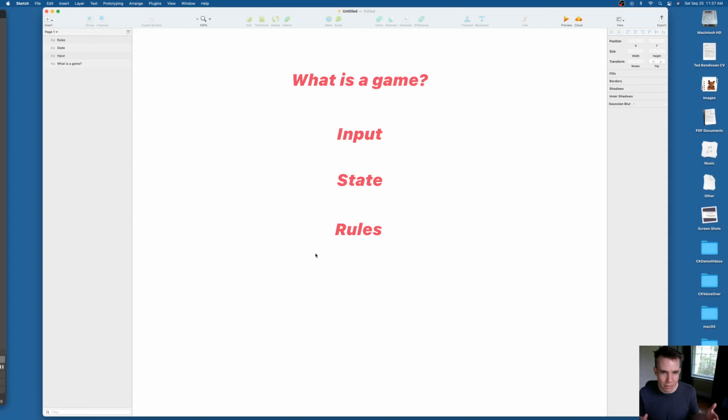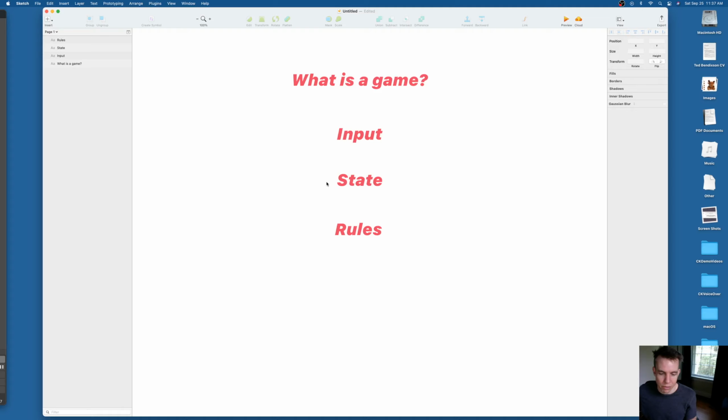In any kind of game, you get input from the player. In checkers, we have input by you moving a piece. And then we have state, which is just the physical pieces on the board. You're allowed to manipulate the state through your input, through your hands, right? And then we enforce rules on what you can and cannot do with your pieces.